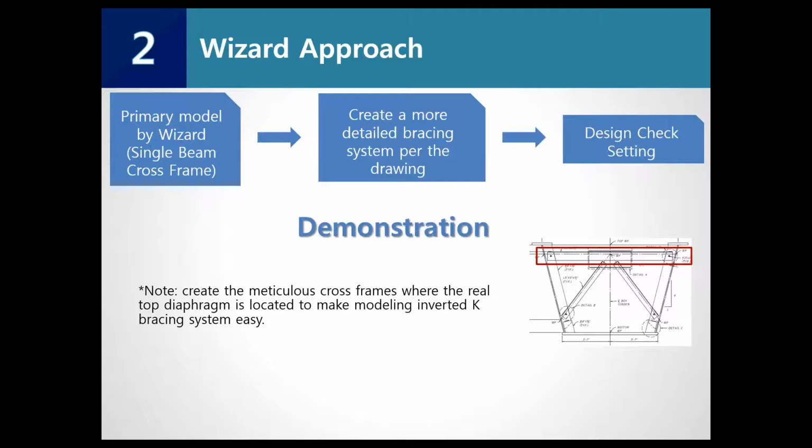Once you create a rough bridge model, you can delete all the cross frames, leaving the nodes which are created where the single beams are located at the right end and left end through the widget. From there, you can start modification to create more complex bracing systems and then do design check setting.